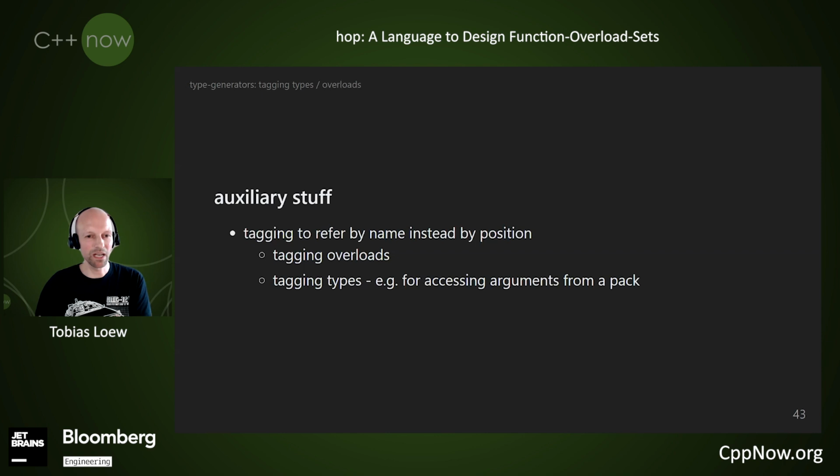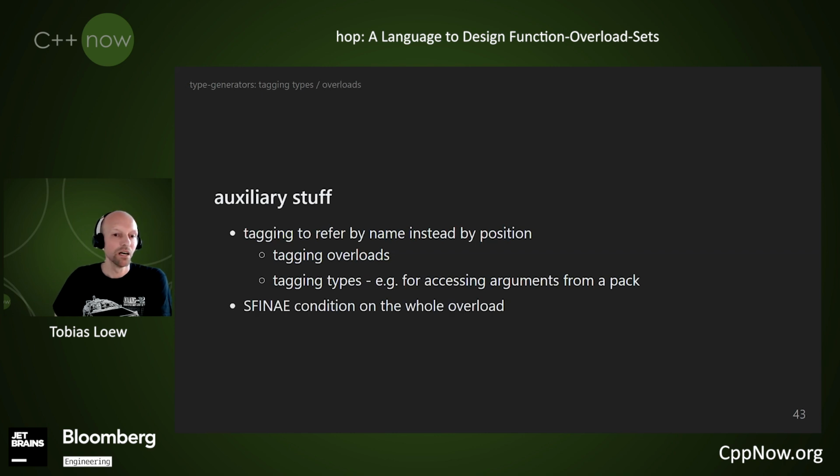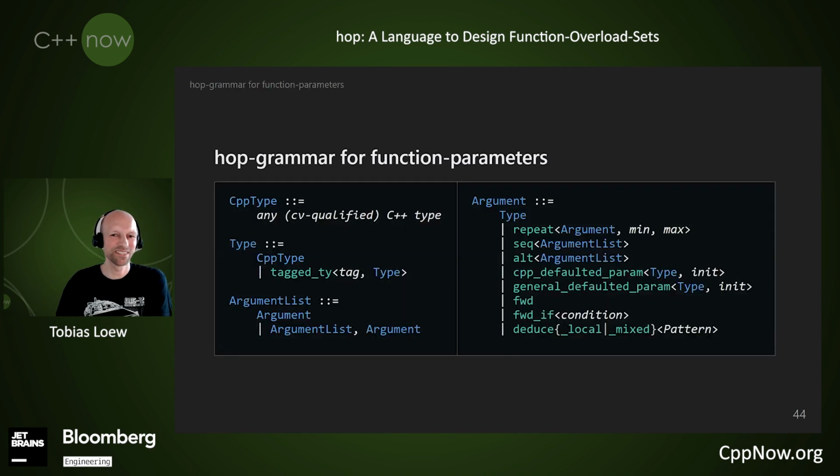And this would be done by tagging the int type that we put into the pack, and later on asking the library to only give you those tagged int types back. And of course, we may want to put a condition on the whole overload set.